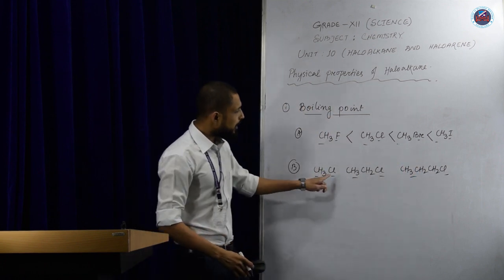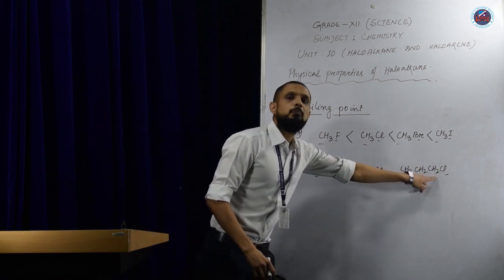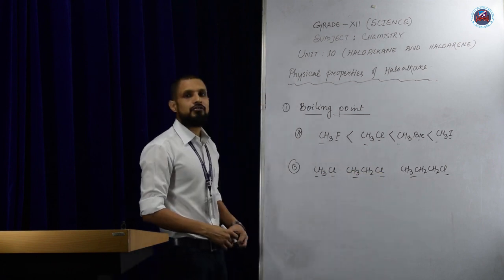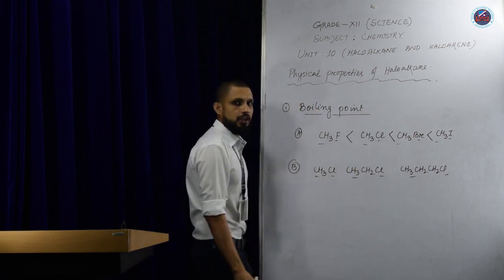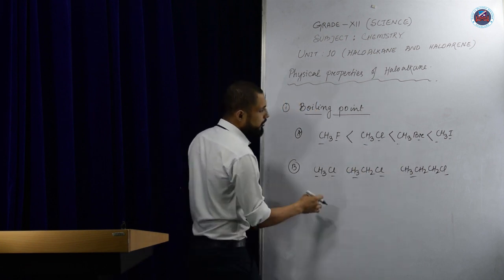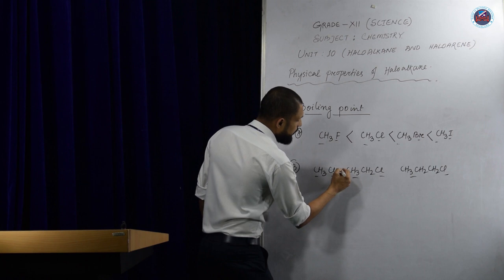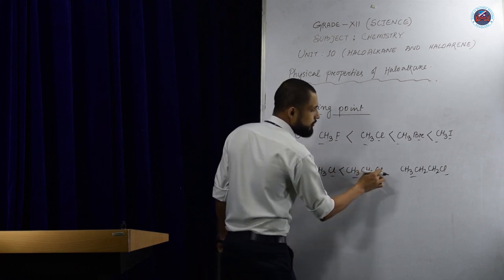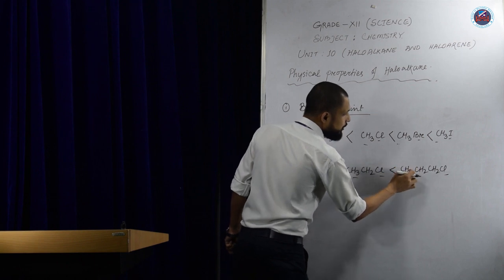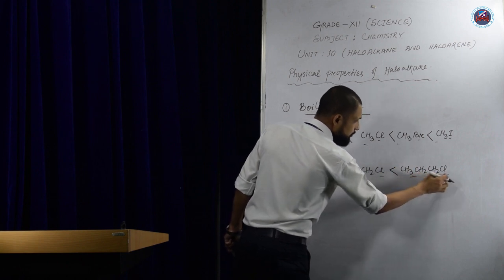For the same halogen atom, the boiling point increases with the increase in the length of the hydrocarbon chain. So the order of the boiling point here is CH3Cl less than CH3CH2Cl less than CH3CH2CH2Cl.